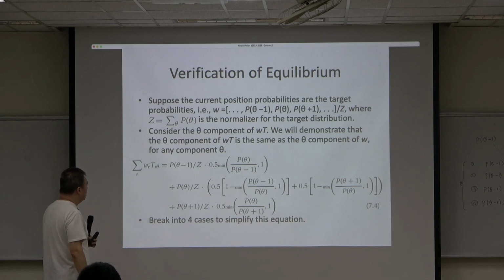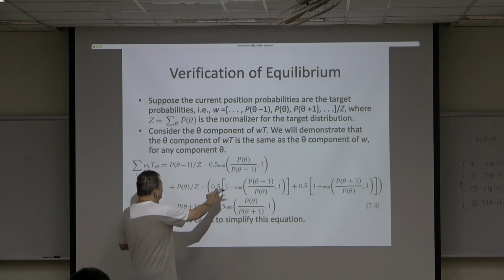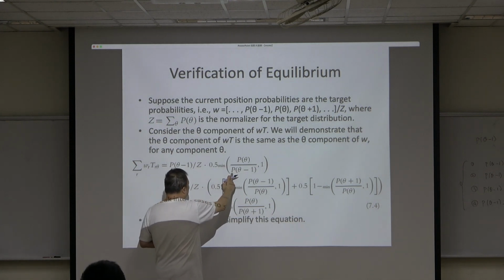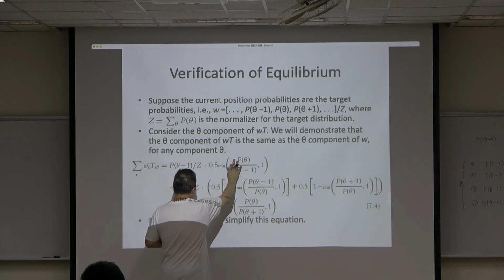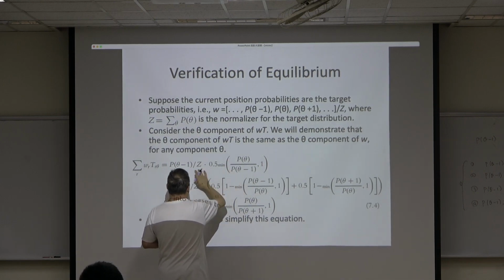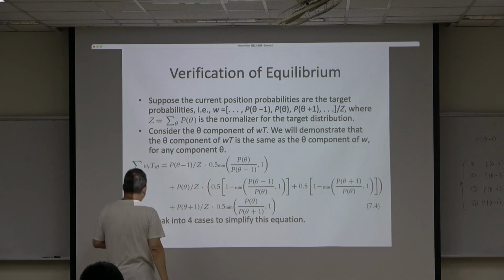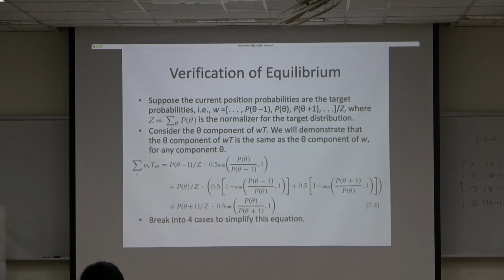Again, you can see, because p theta is larger than p theta minus 1, this term becomes larger than 1. So we will only take 1 here. So it's going to be p theta minus 1, 0.5 times z, theta plus 1.